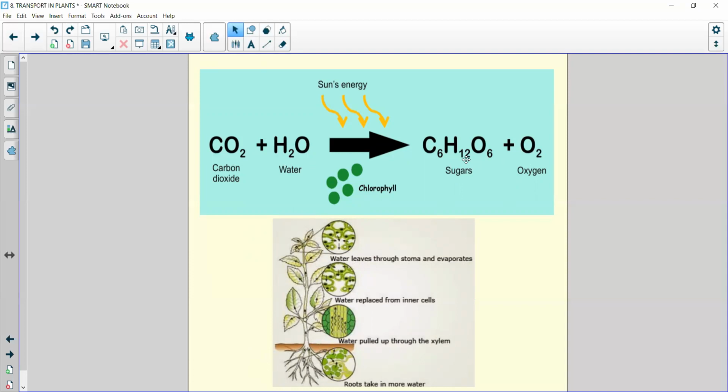But the sugars that have been produced, the glucose, well, these roots are going to need some of that for respiration to take place so that they've got energy to do their job and to stay alive. So how do we get the sugars back down from the leaves to the roots? So for that, to get the water up and the sugars down, this is where we need our transport systems.